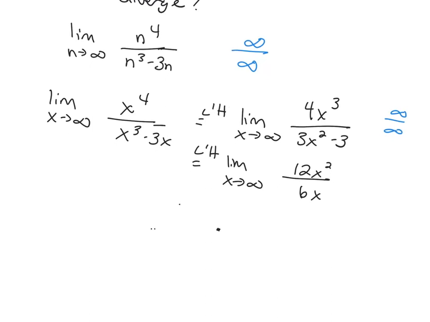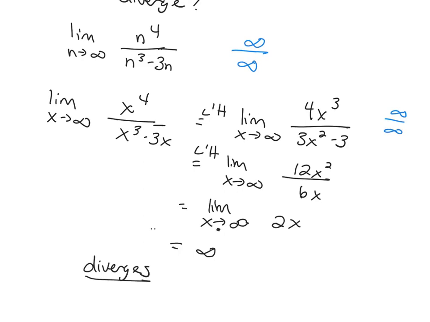What does it simplify to? 12x over 2x. And I'm looking at the limit as x goes to infinity. What's that limit going to be? Infinity. Right? So what's my answer? Converges? Diverges? Diverges.